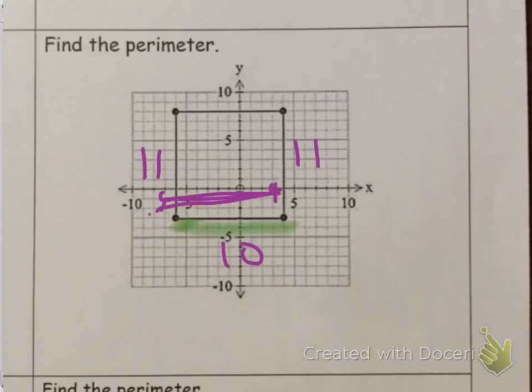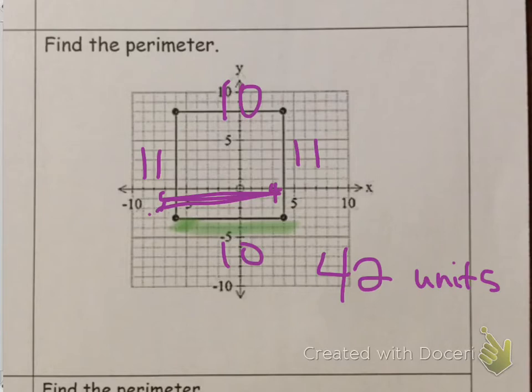That's a distance of 10. So I did figure that out correctly. And if that's 10, this is 10. Then I would just add those together. So 11 plus 11 is 22, and 22 plus 20 is 42. It doesn't have a measurement, so I'm just going to put units. So 42 units for the perimeter.